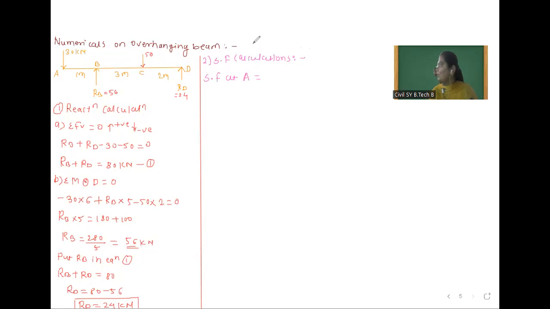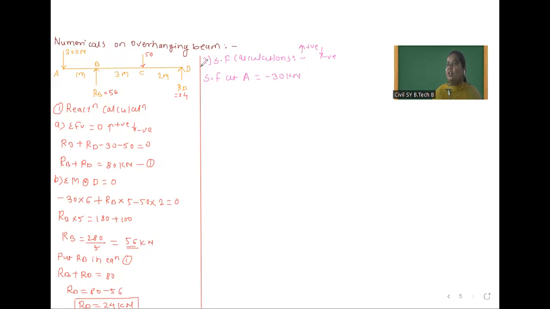Yes. Shear force at C. Second, we are calculating shear force, not moment. Shear force means only vertical forces. Upward forces we consider positive, downward forces negative. So minus 30. So shear force at A is minus 30 kilonewton.